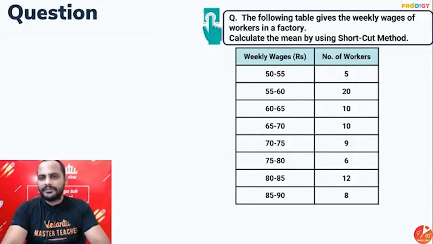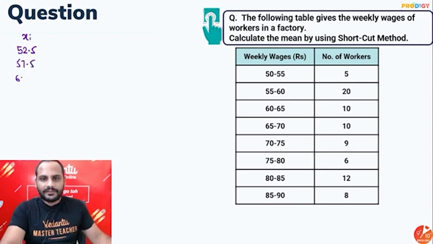The following table gives the weekly wages of workers in a factory. Calculate the mean by using the shortcut method. So in this case, the values of xi will be your class mark. So 50 plus 55 by 2 will be equal to 52.5. Then here 57.5, then 62.5, 67.5, 72.5, 77.5, 82.5 and 87.5.